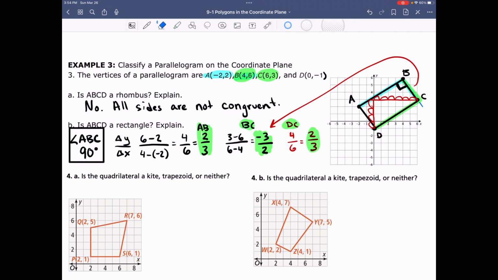So I'm going to just erase my little slope marks. Oops. And that is showing us that this is 90 degrees as well. If that's 90 degrees, I can pretty much visually see that the other ones are 90 degrees as well.